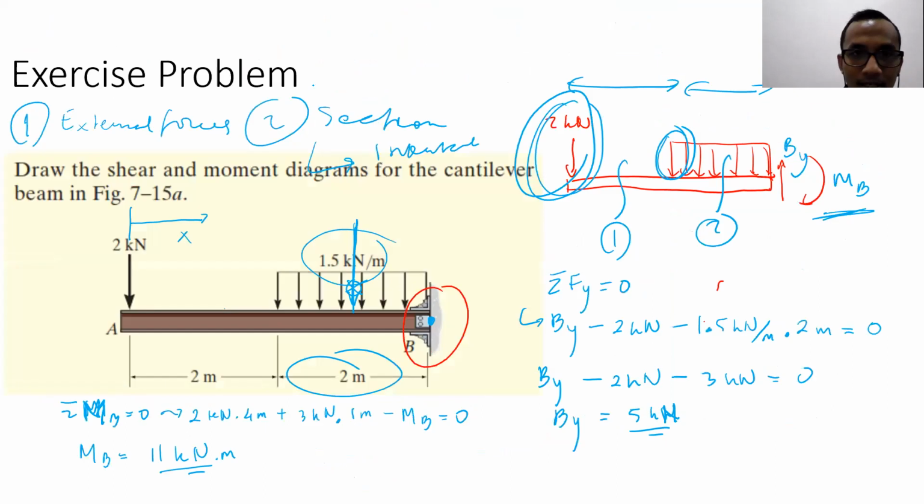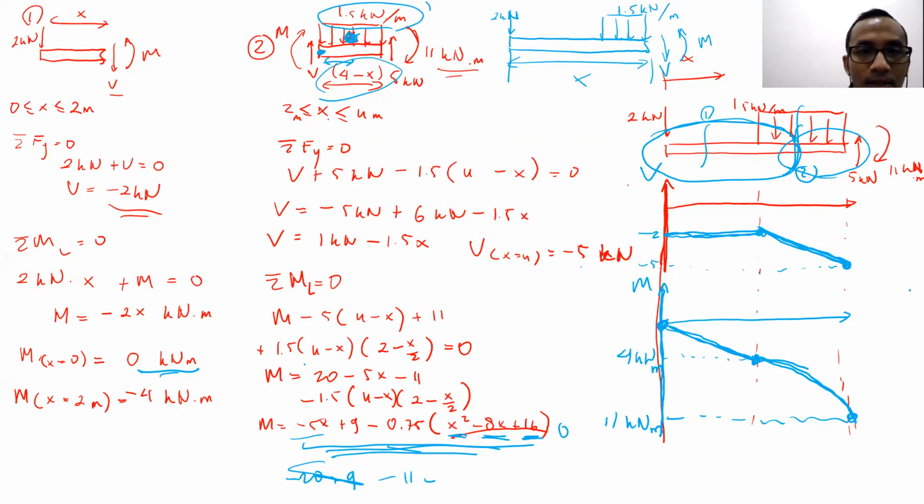Although the actual length is 2 meters here, because we only draw the limited free body diagram, which has the length of 4 minus x, this will be our length. Do you get it, Rizky? I see. So 1.5 kilonewton per meter multiplied by 4 minus x will be our representative concentrated load.